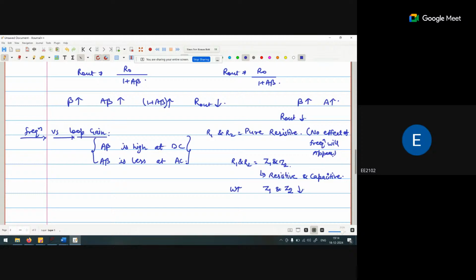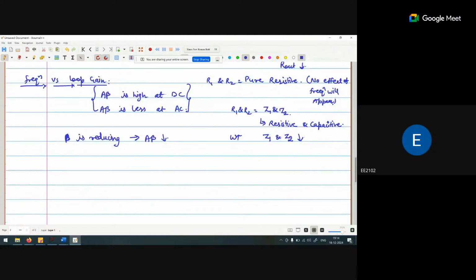Okay, if Z1 and Z2 decrease, beta is reducing, and if beta is reducing, the loop gain A beta is reducing. If loop gain A beta is reducing, Z out increases.